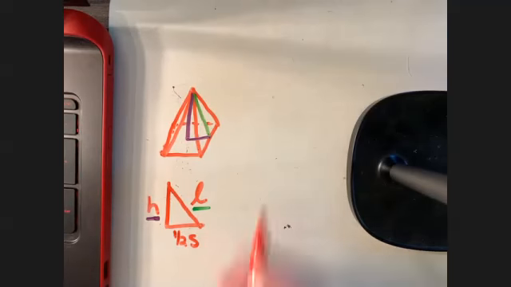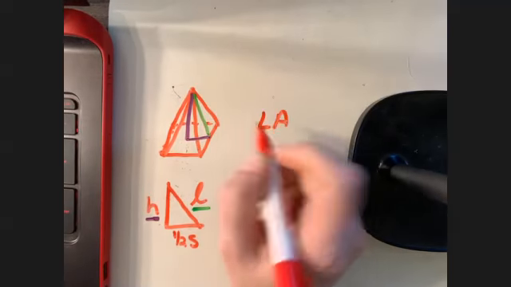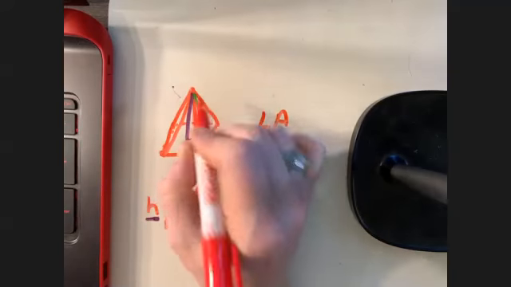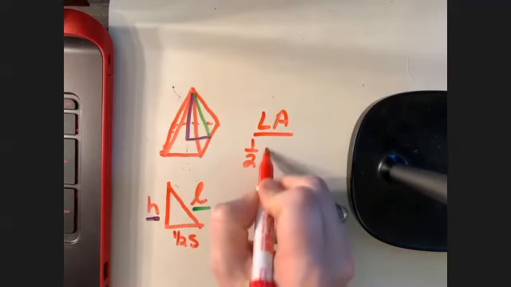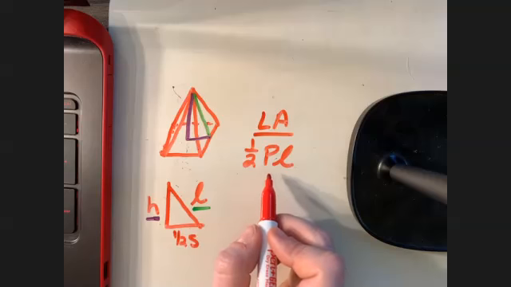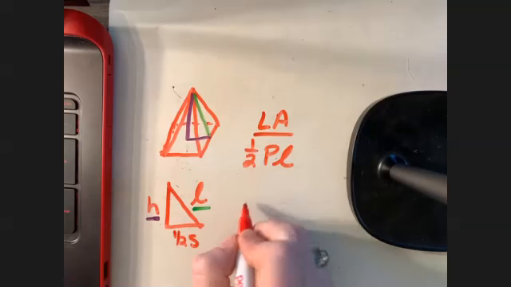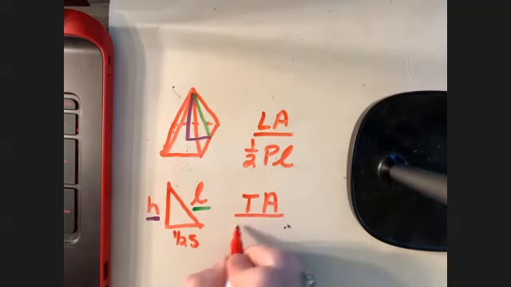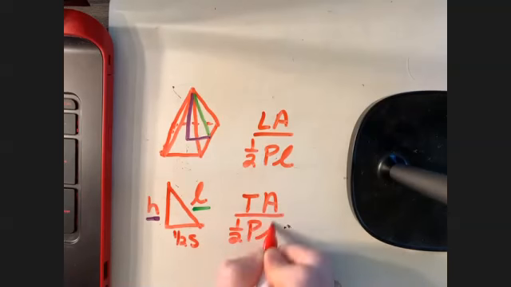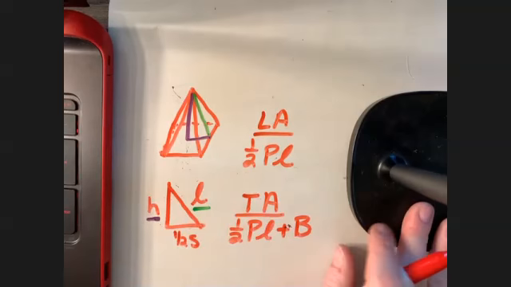Now, formulas for your square pyramids. For your lateral area, which is just those triangles going around the sides, that's 1/2 PL. Again, P is the perimeter around your base, which is a square in this case, and L is your slant height. For your total area, it's 1/2 PL plus the area of that base, because we need to get that square base down there.